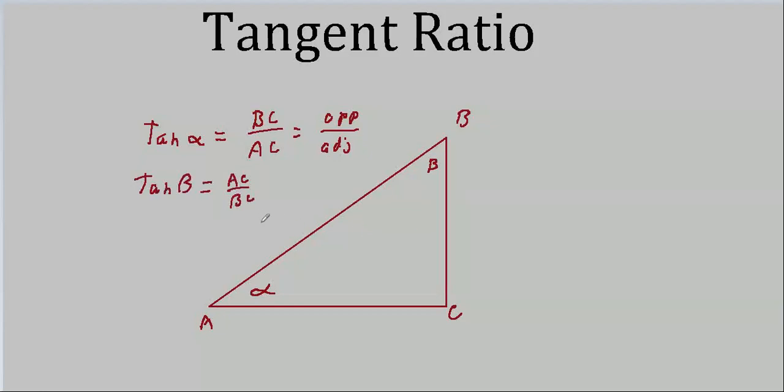In other words, I'll write it over here. The two angles in a right triangle, forget the right angle for now, just these two: tangent of alpha equals 1 over tangent of beta.